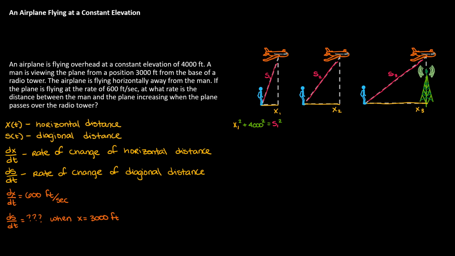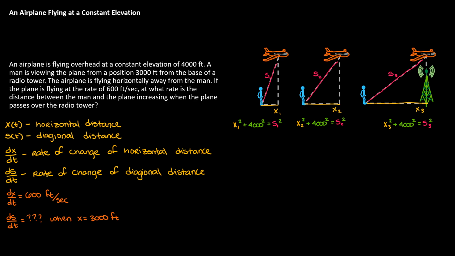So if I drew a right triangle for this first moment in time, I could use the Pythagorean theorem to relate x and s. I'll try it again for the second snapshot and the third. And I can see that everything's pretty much the same from snapshot 1 to 2 to 3. The only difference is I would have to update what the horizontal and diagonal distance is in my equation.